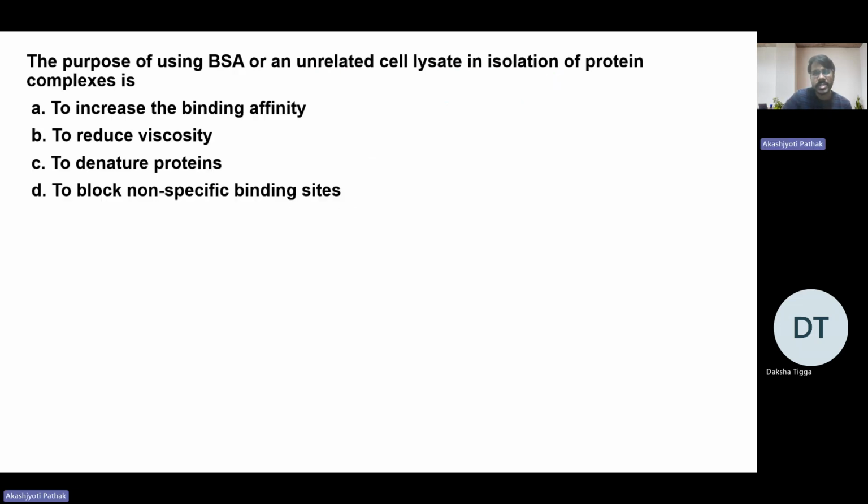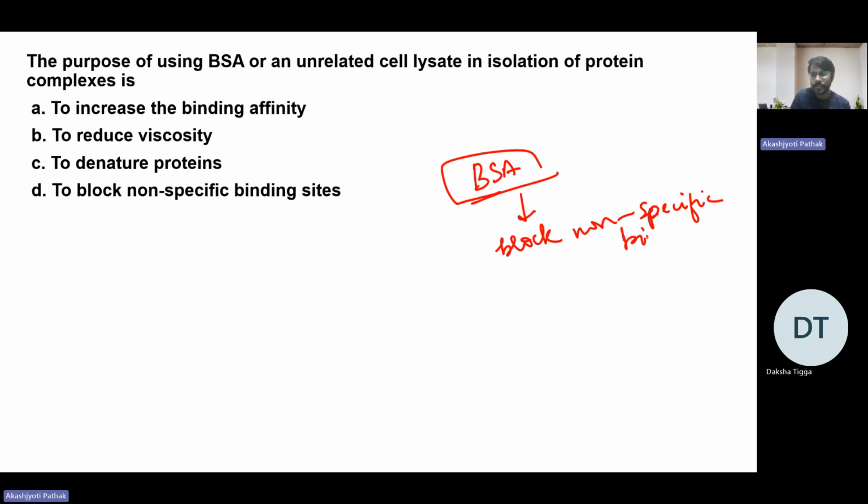So the last two questions for this session. Why are you using BSA? The purpose of using BSA is to block non-specific binding. When we are adding BSA, we are adding BSA in Western blot as well. In this pull down assay also, we add BSA so that there is no non-specific binding, so that your antibody does not go and bind anywhere in the column.